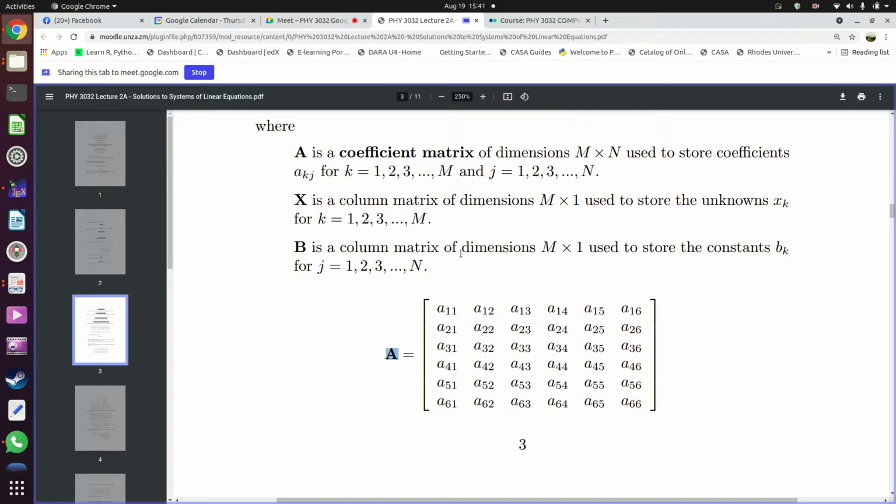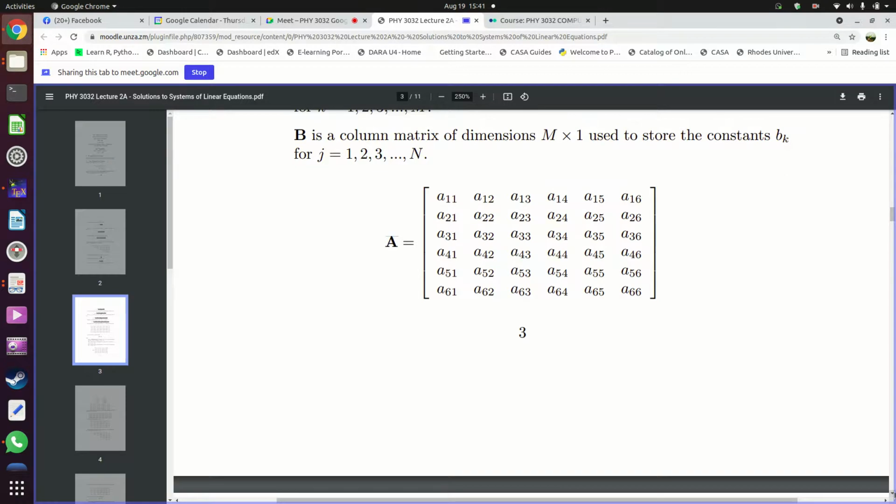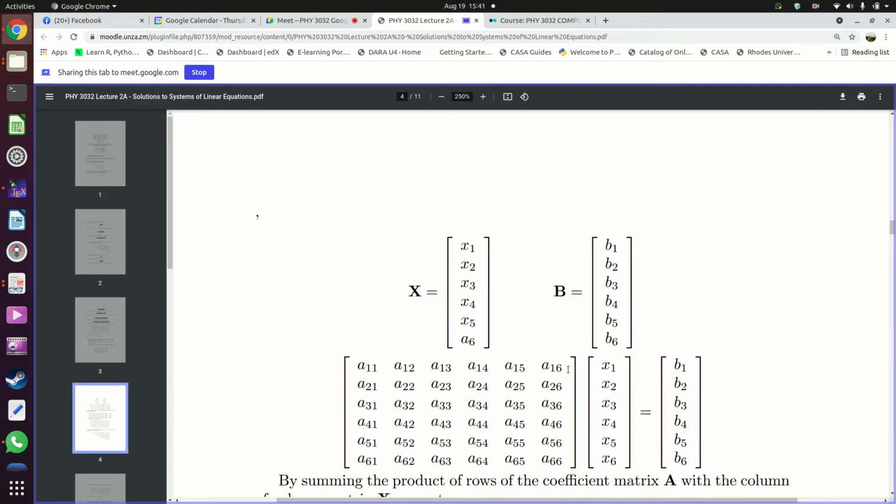So this is what is referred to as a coefficient matrix. Are we clear? Yes, sir. So this is part of the information we have about this system of equations, the coefficient matrix A. The other one is X, a column matrix of the unknowns: x1, x2, x3, x4, x5, x6.